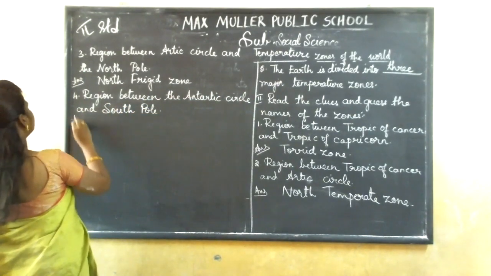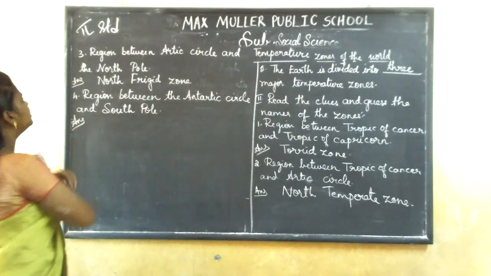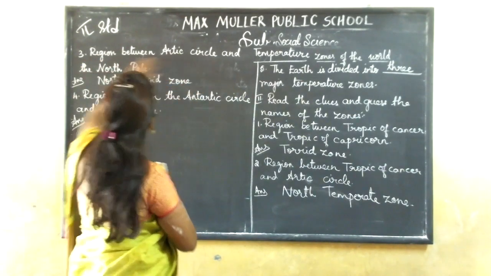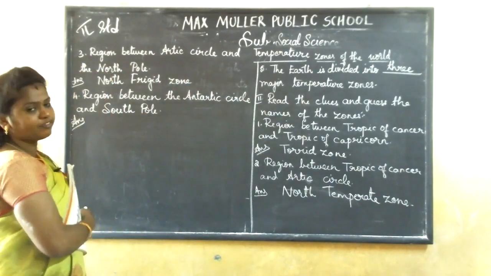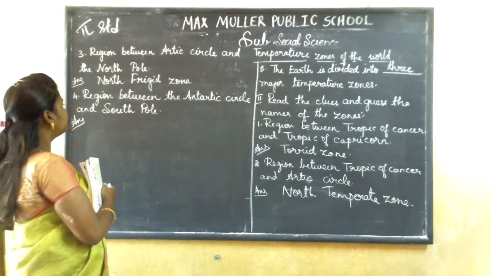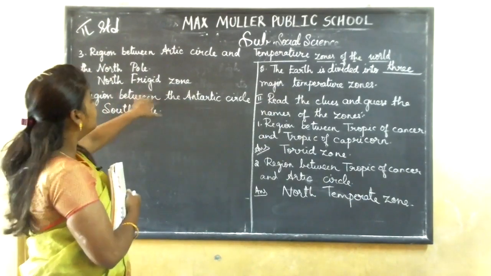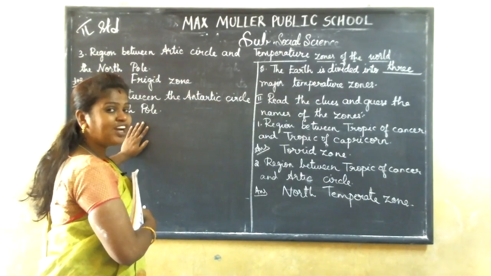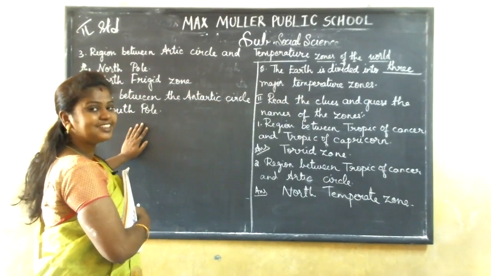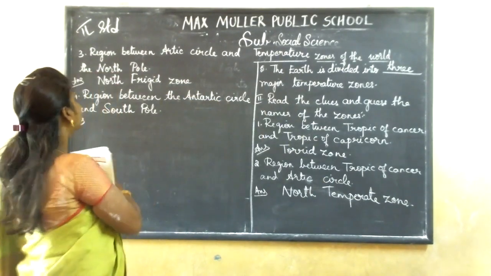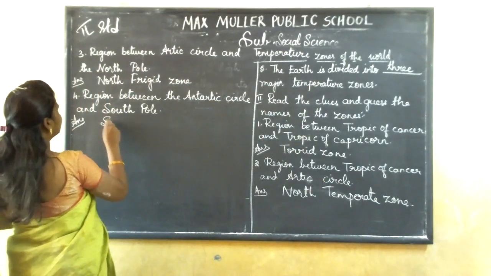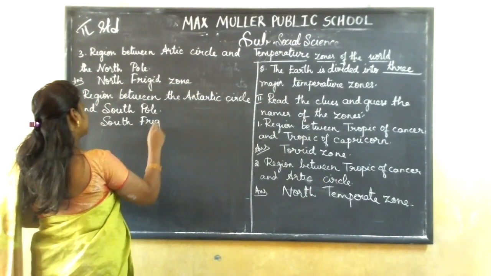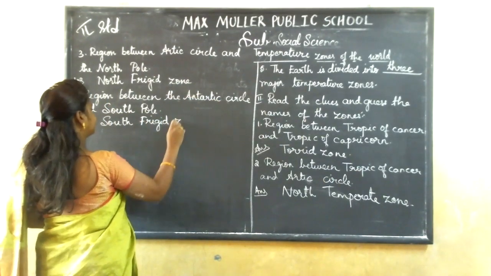So children, listen here properly. I told you this region between the Arctic Circle and North Pole is the North frigid zone, right? In the same way, the region between the Antarctic Circle and South Pole is called what? Any guesses? Yes, it is the South frigid zone.